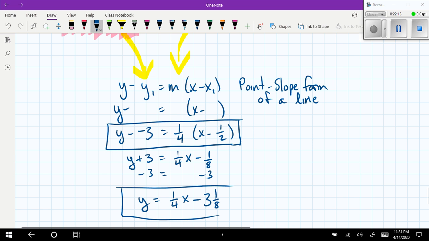And this is in slope-intercept form. Y equals mx plus b is known as slope-intercept form of a line.